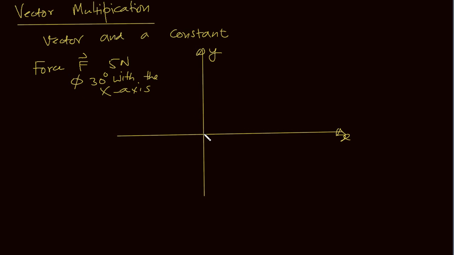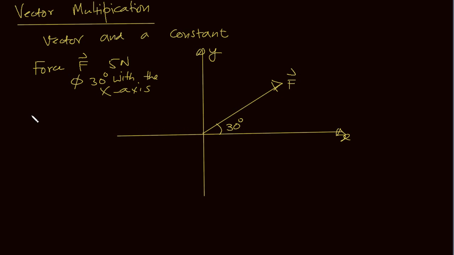So I draw this. This is my vector F at an angle 30 degrees with the x-axis.